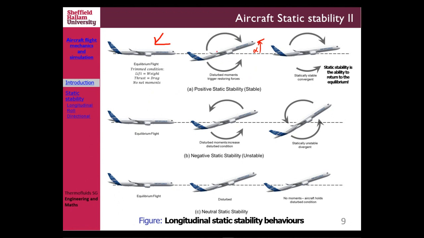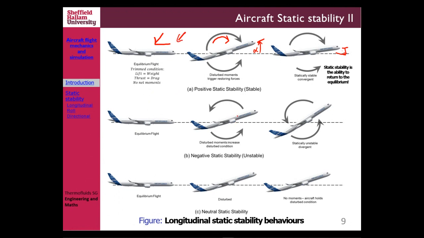Now, if your aircraft is statically stable, then it will have a tendency to push it down like that. Then it will reduce the alpha slowly, and eventually make it back to its original condition.